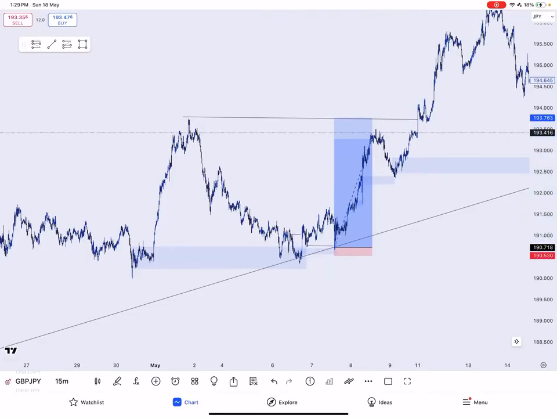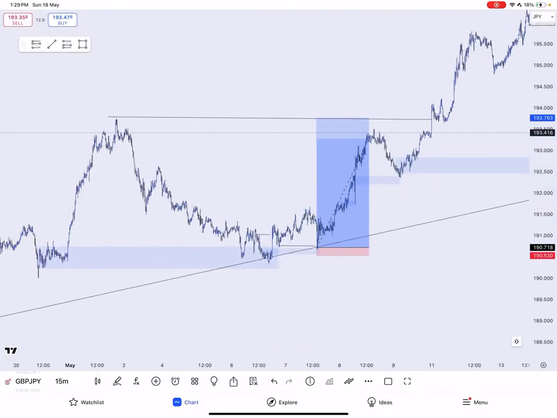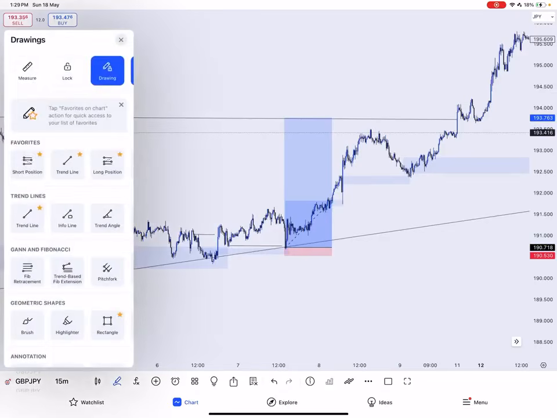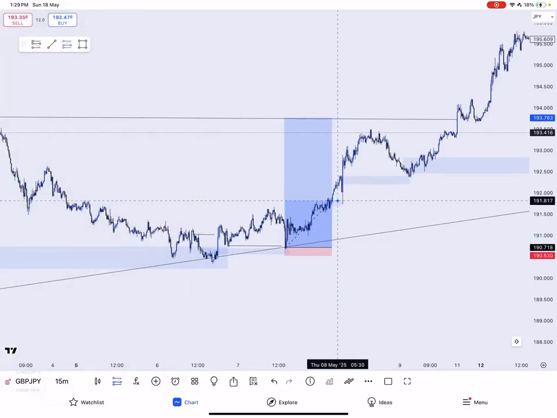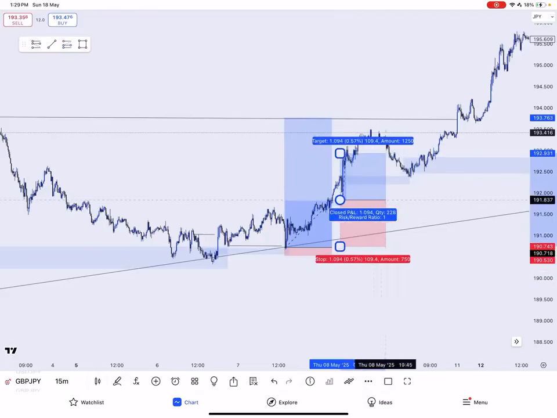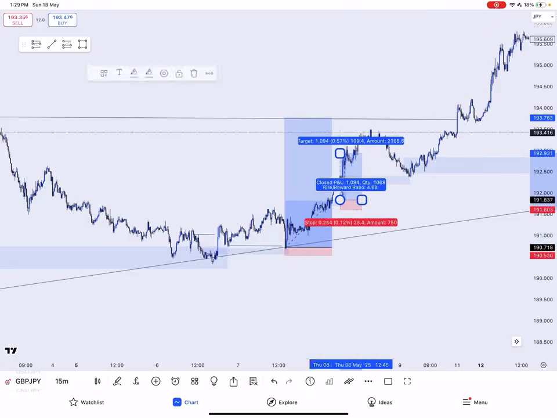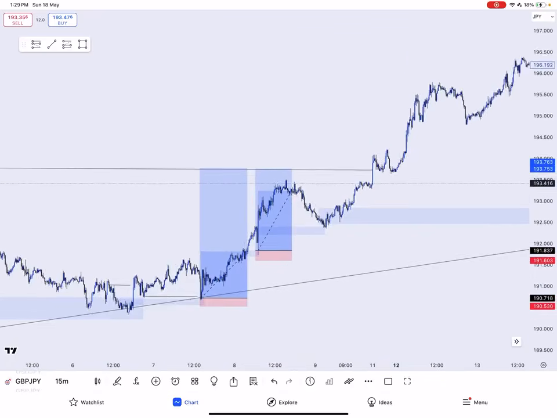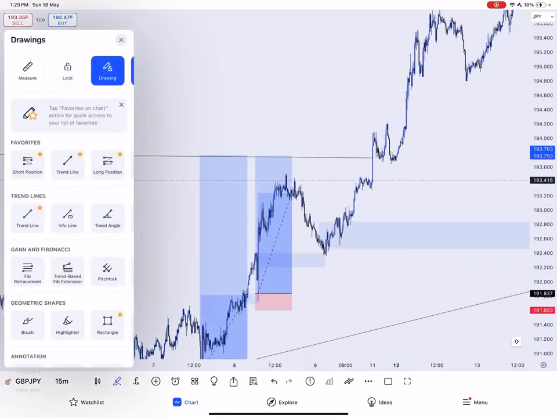So before price takes out this last high, any opportunity I see to take a buy, I will jump onto the buy. Now the second buy happened here, this other block here. Still targeting to take out that 4 hours high. The third buy happened here.